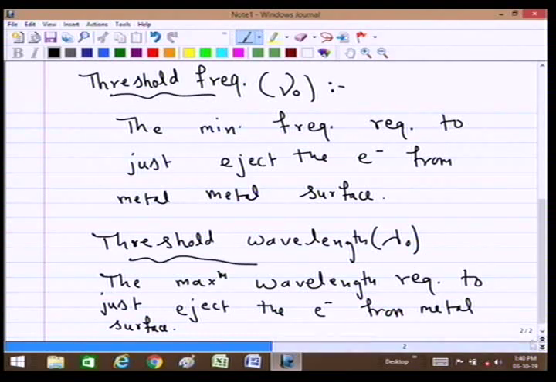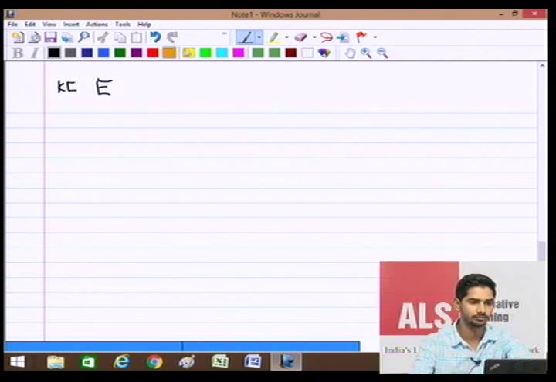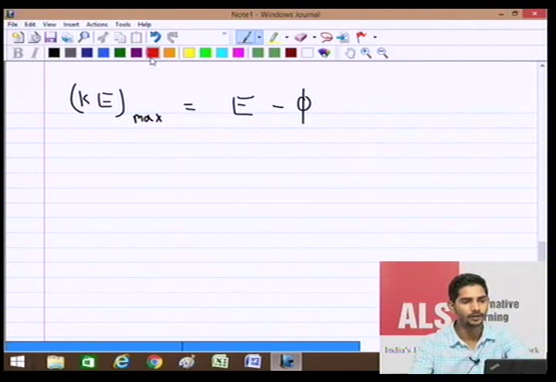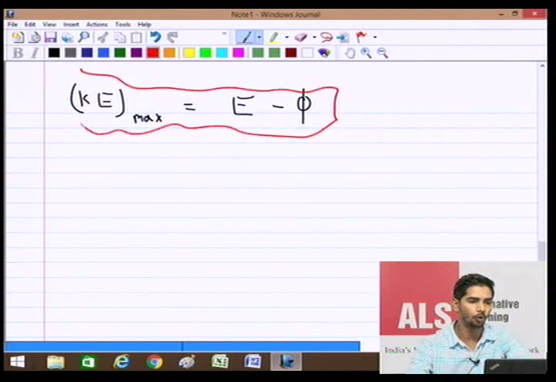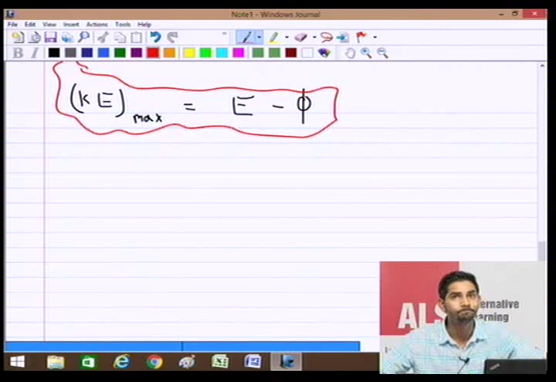So guys, let's move on. We were discussing this one, that kinetic energy is equal to E minus phi. Now tell me, how many of you are clear with this, that kinetic energy should be equal to E minus phi?